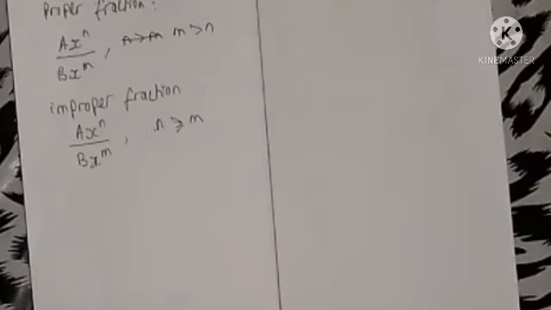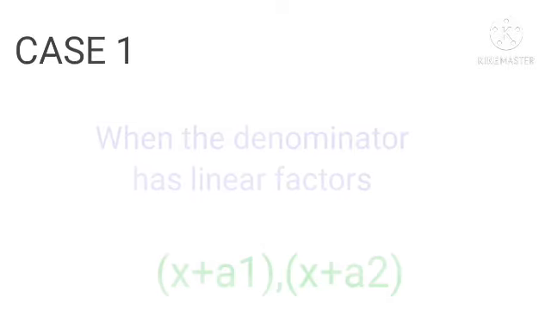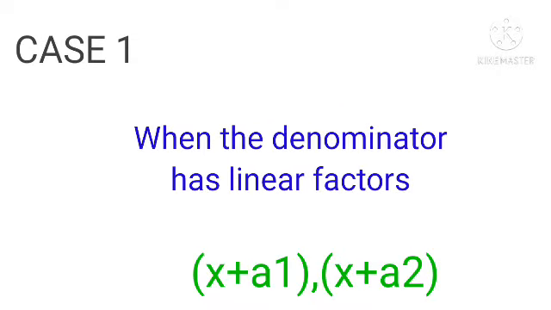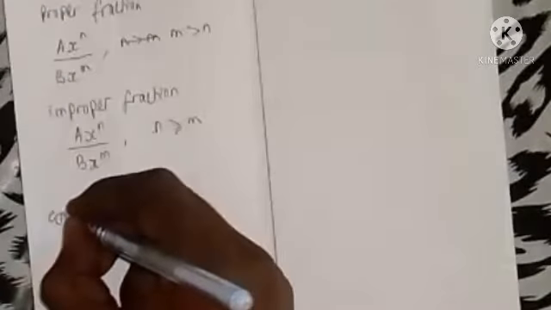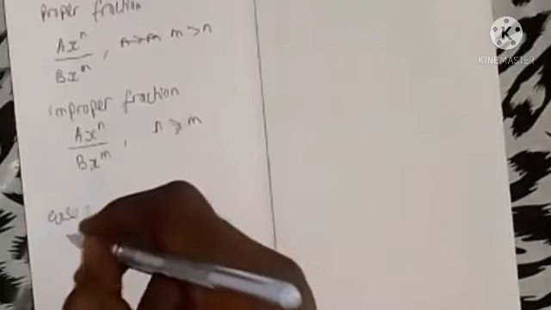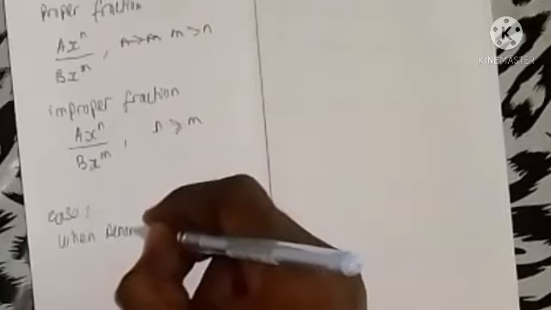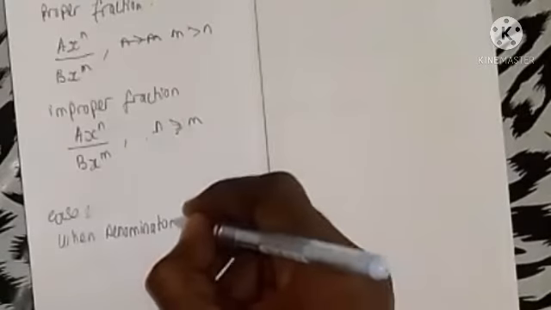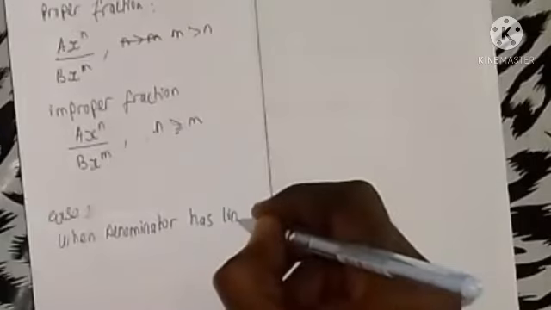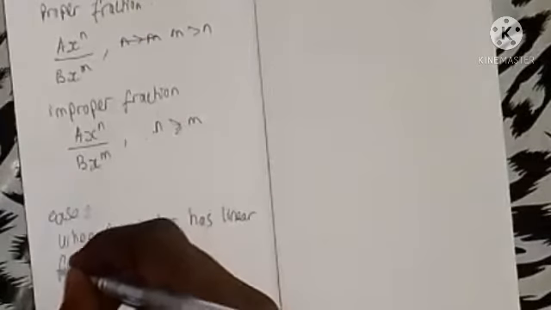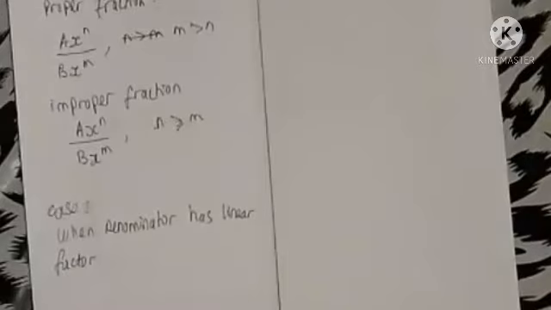Let me take the first aspect in partial fractions, which is when we have linear factors. So let me take case 1, and this is what we're going to talk about in today's video: when the denominator has linear factors.